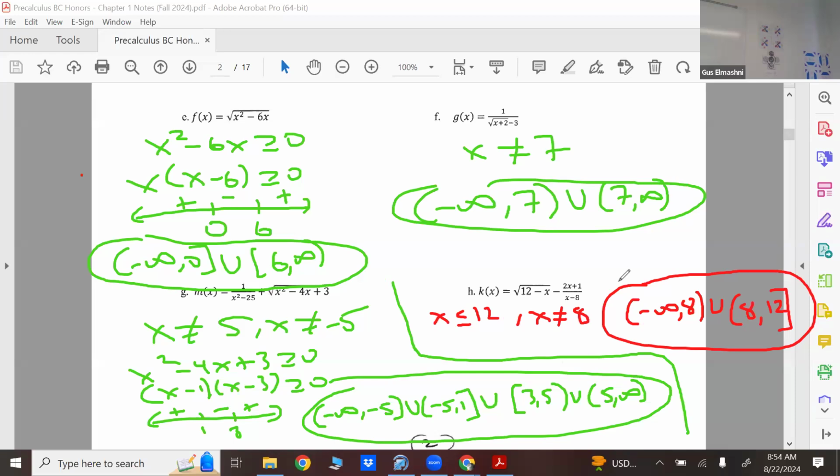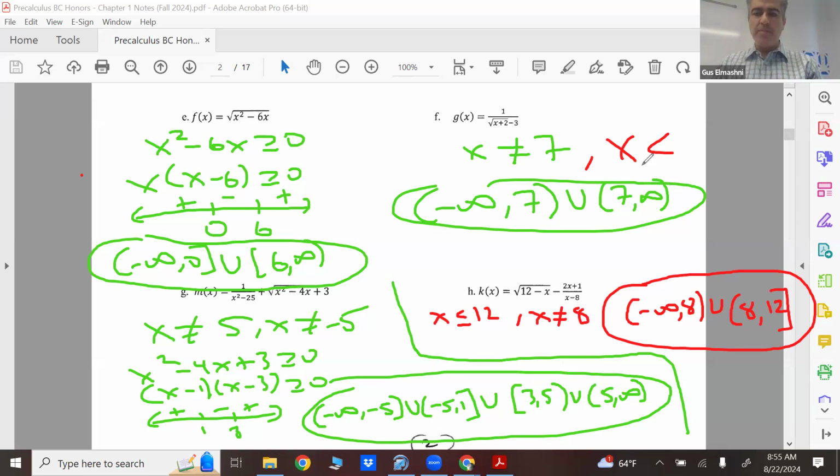Oh wait, I messed up F, guys. Do you guys see the mistake I made for F? Of course 7 can't be included, I know that. But I also can't plug in numbers less than -2, right? So that was really dumb of me to just put that as the answer. I rushed. I was so excited to do G and H, maybe. I don't know what it was.